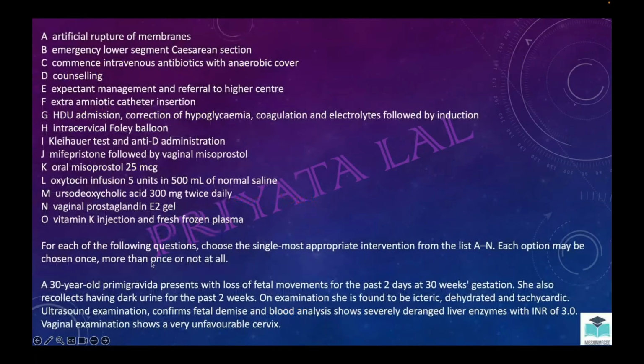A patient presents with loss of movement at 30 weeks. She has had dark urine for 2 weeks, is icteric, dehydrated, with tachycardia. USG confirms fetal demise. Bilirubin and liver enzymes are deranged, and INR is 3. Vaginal examination shows unfavorable cervix.